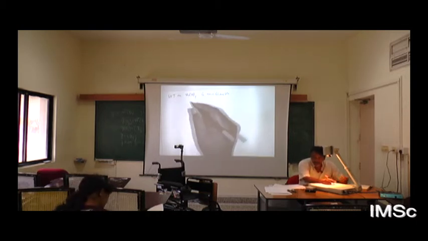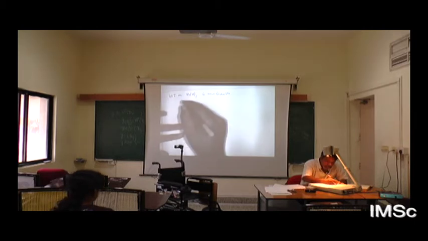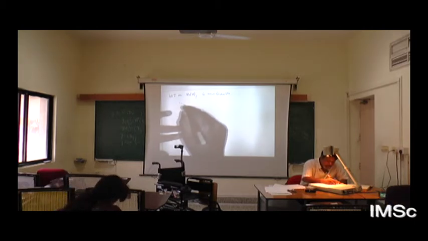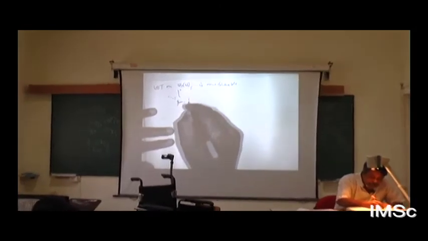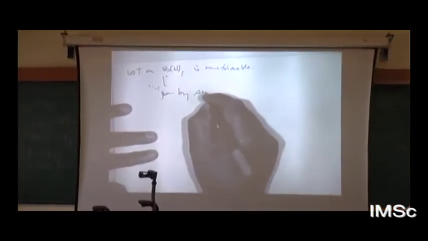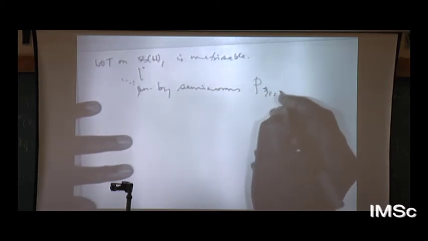H is separable, so I can take a dense sequence xi_n in the unit ball of H. Right? Because the weak operator topology on B(H) is generated by the seminorms p_{xi_i, xi_j}.